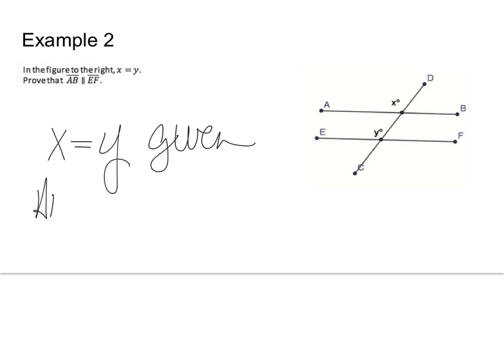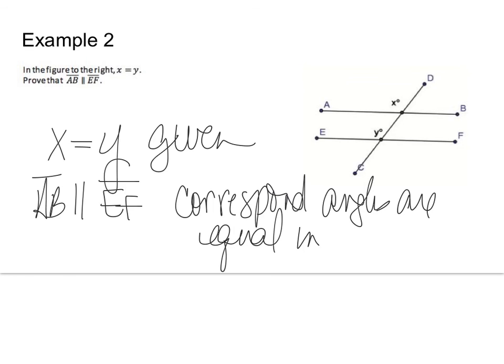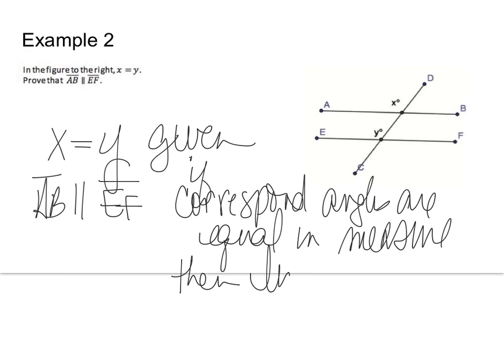Then I can say that AB is parallel to EF because of the corresponding angles are equal in measure. If corresponding angles are equal in measure, then the lines are parallel. That's that converse that we just talked about.